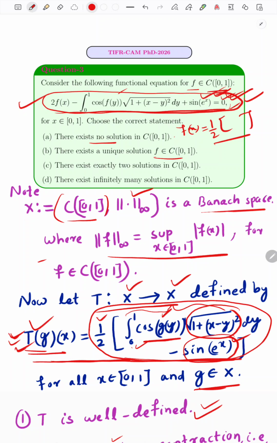These two things come from the Banach contraction principle, because the Banach contraction principle says that this operator T has a fixed point, so this equation has a solution. So 'there is no solution' is false, 'there exists a unique solution' is true, 'there exist two' is also false, and 'it has infinitely many solutions' is also false.